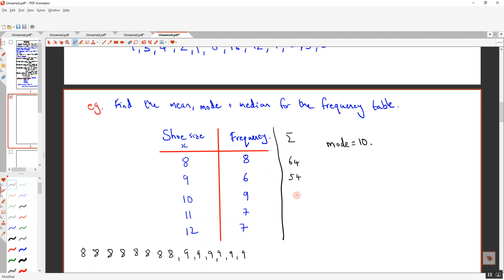9 people with shoe size 10, so if I add up all those values, I'll get 90, then 77, then 84. And then what we would do is we would sum all of these. So 64 plus 54. Now this is what you would do if it's in the non-calc paper.